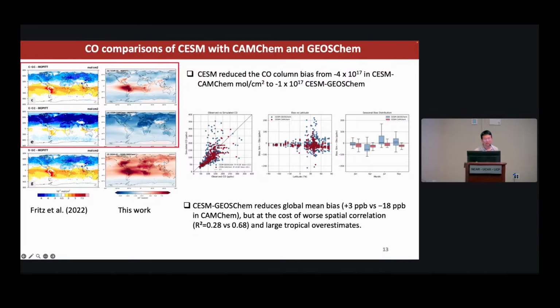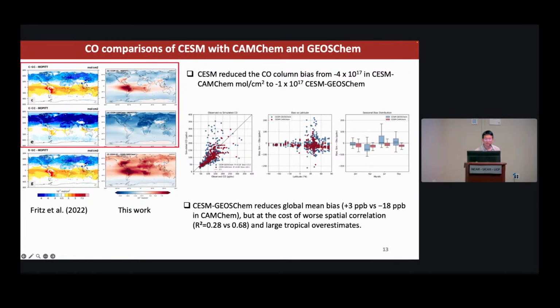In the right column, we also find in the current model setup we can reproduce similar results, where CESM with GEOS-Chem also simulates less Northern Hemisphere CO. But when we compare with the surface observation CO, as the scatter plot in the middle shows, here the red dots are for CESM coupled with CAM-Chem, and the blue dots are CESM with GEOS-Chem.